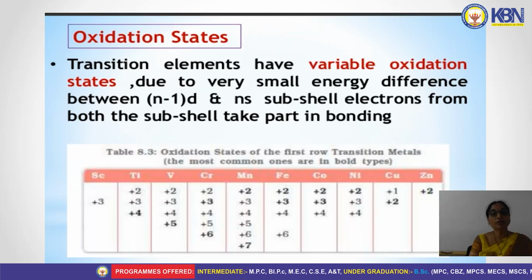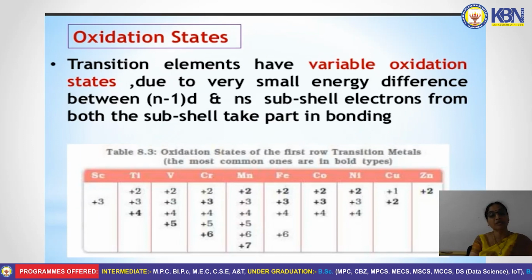Coming to chromium, it exhibits +2, +3, +4, +5 and +6 oxidation states. The maximum oxidation state is +6, as in K2Cr2O7, potassium dichromate, and the minimum of +2 is due to the loss of electrons from the ns orbital, and +6 due to the loss of electrons from both s and d orbitals.